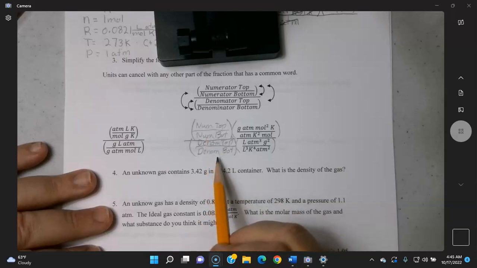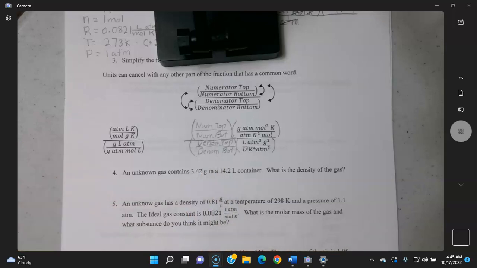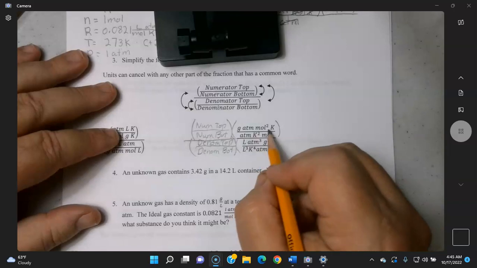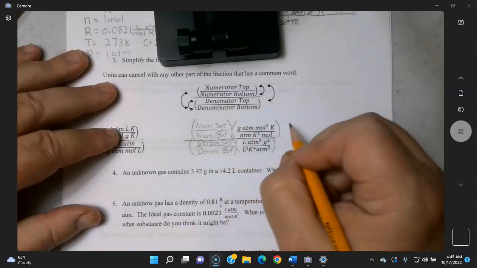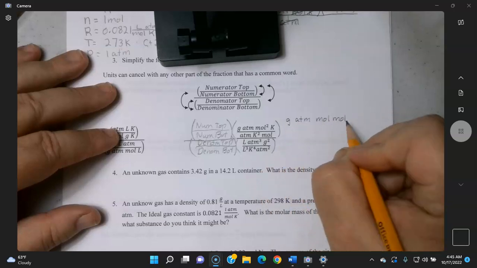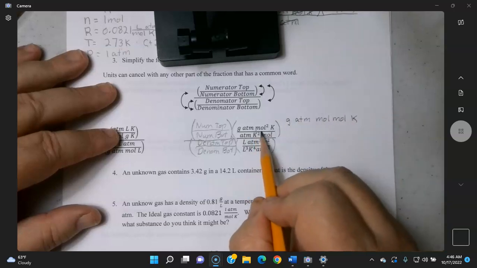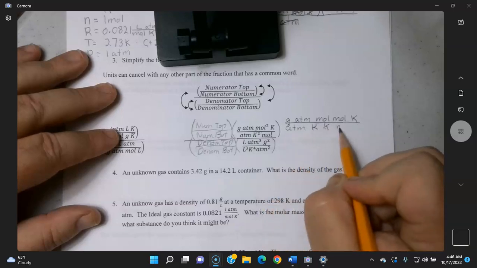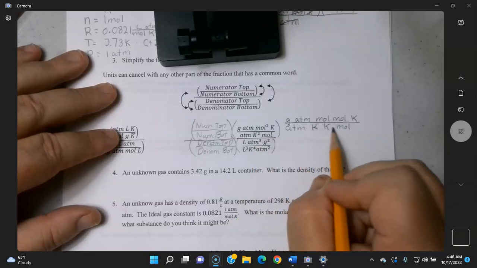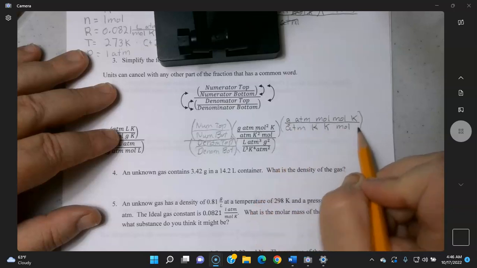Numerator top cannot cancel with denominator bottom because they don't have any of the words in common. Okay, so the way I would do this one is I'd break all these squares out into individual units. So I broke mole squared, which is moles times moles, into moles times moles. I broke Kelvin squared into Kelvin times Kelvin, so this is the numerator fraction.